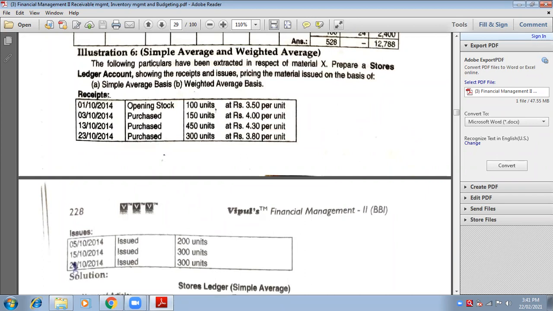ओके, सो लेट्स स्टार्ट. लिखो ऊपर से sum number 6. Statement of store ledger account.